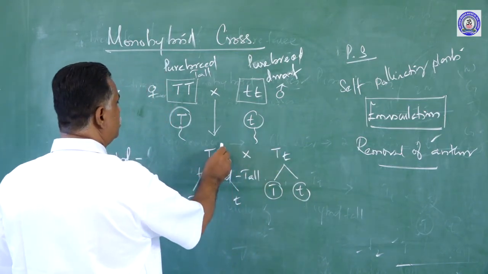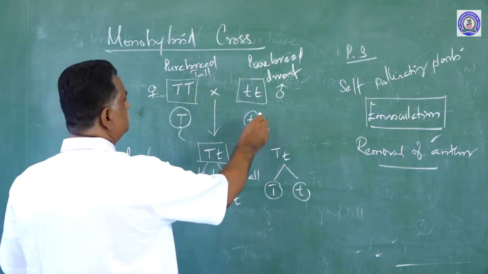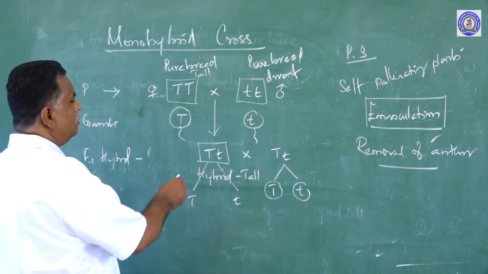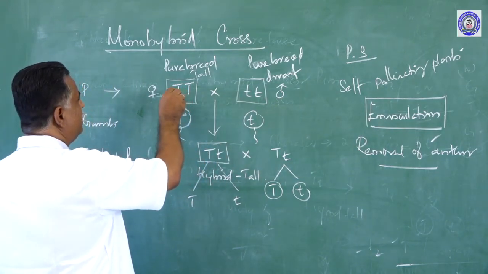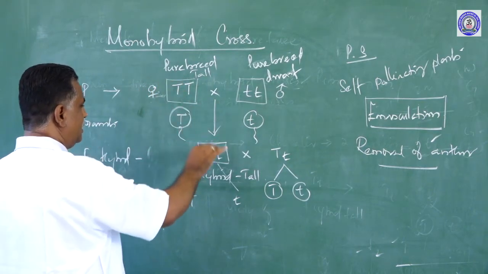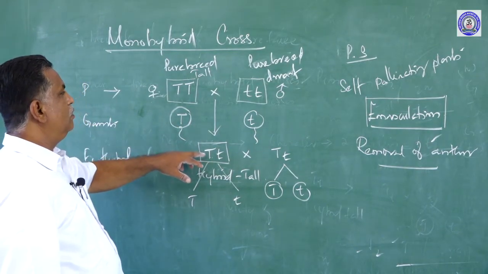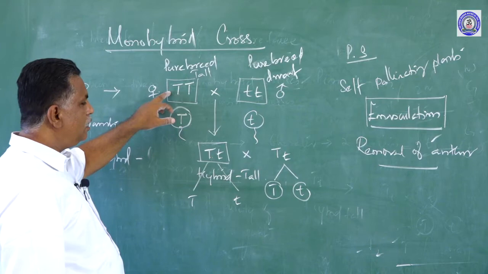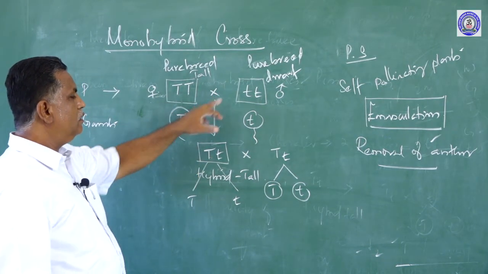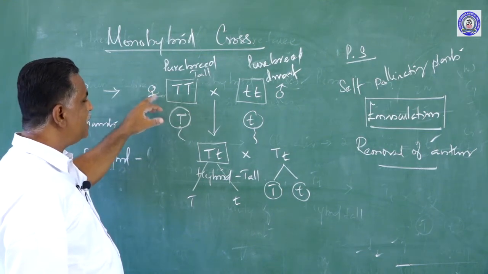Here this is hybrid tall, this plant is hybrid tall. He thought the character of the female parent has dominated here. Female parent is tall, the hybrid is also tall. So he thought that the character of the female has been expressed.